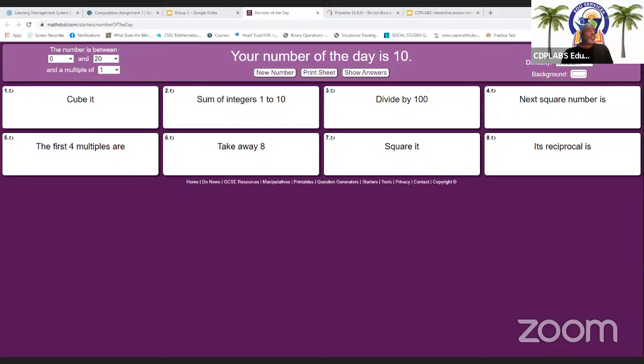All right, so Qubit, what's the answer? The number of the day is 10, Qubit. Cube the number of the day, what will be the answer? Right.